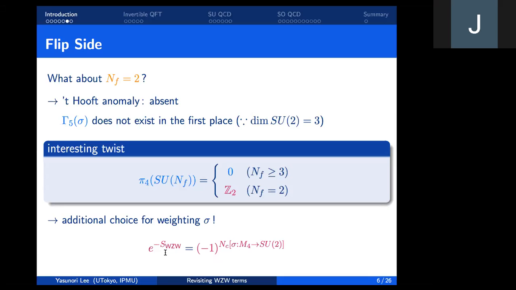This one should be the whole action of the QCD. So it's just a problem of notation, I think. We just denoted this term by using this symbol. I do not mean this WZW to be the full action of the low energy QCD.